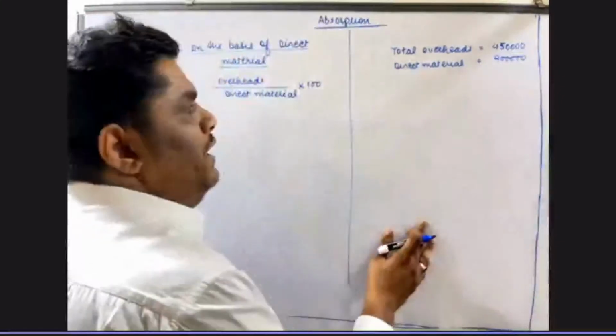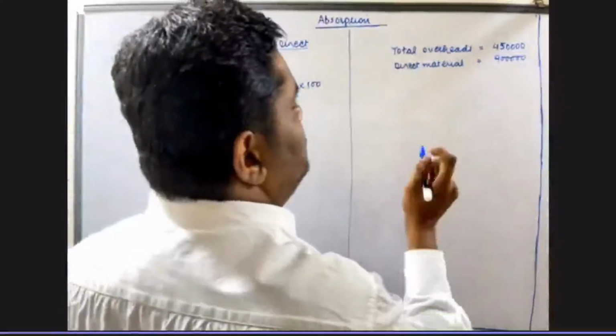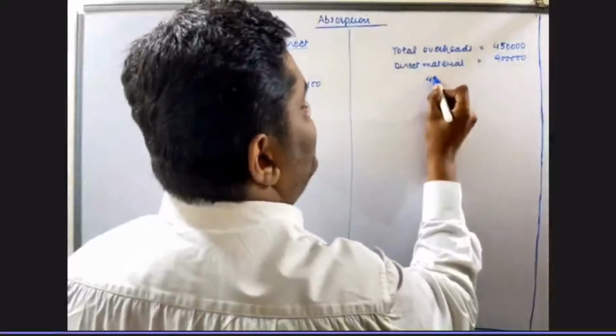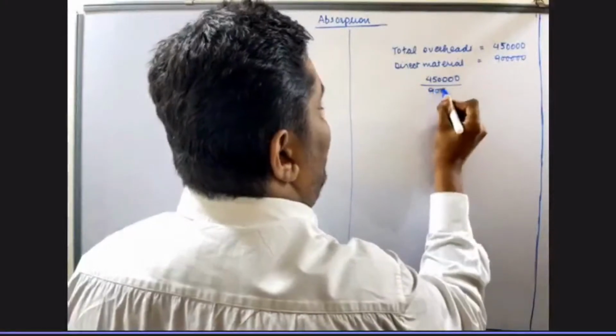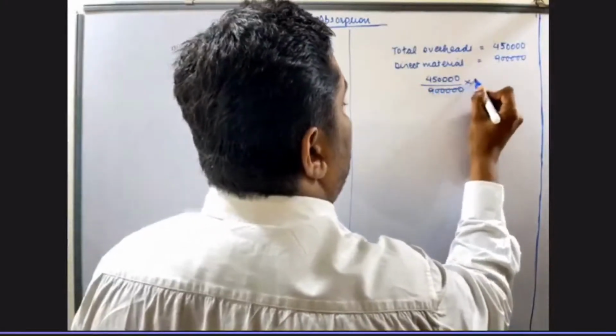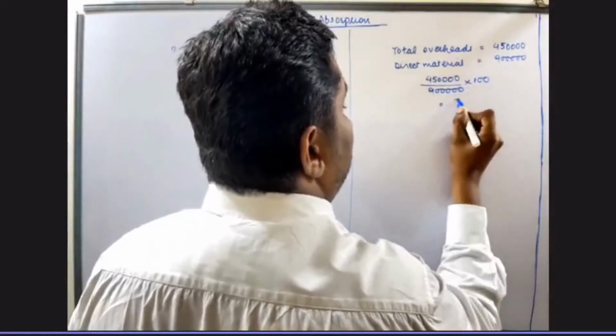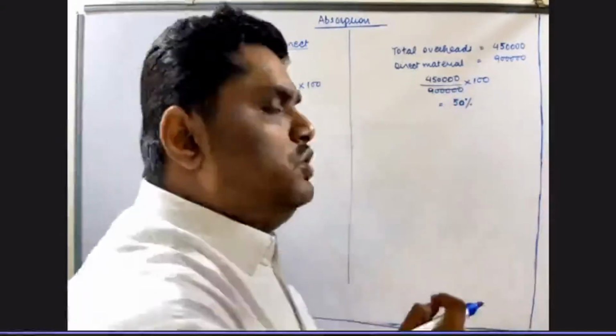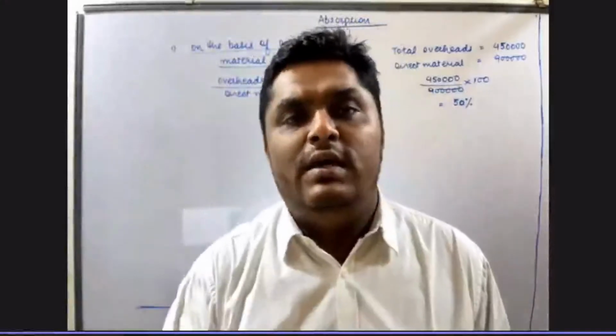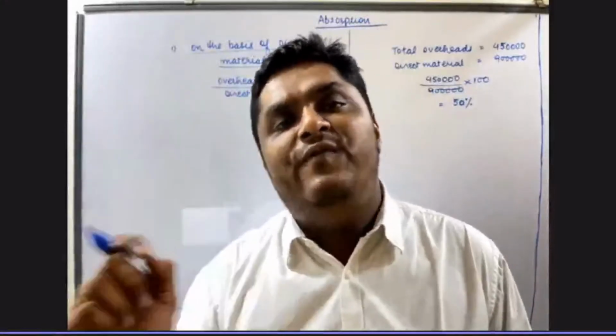So herein, what will be my absorption rate? Very simple, guys. 4,50,000 divided by 9 lakh into 100, that is 50%. So whatever the material cost is incurred, of that material cost, 50% will be my overheads.